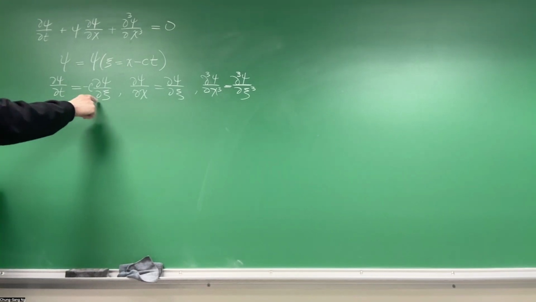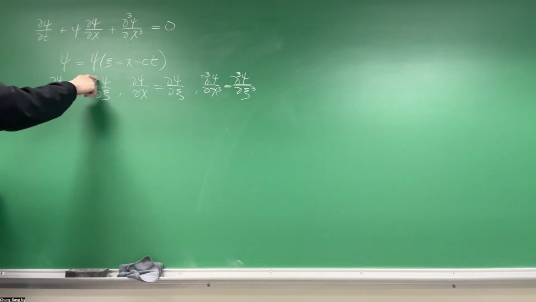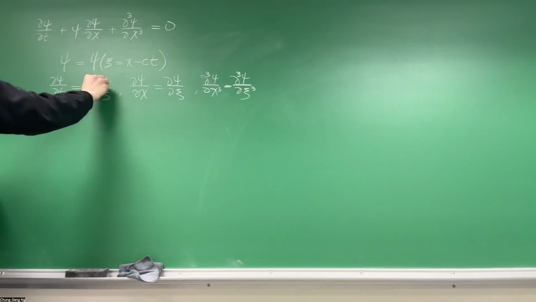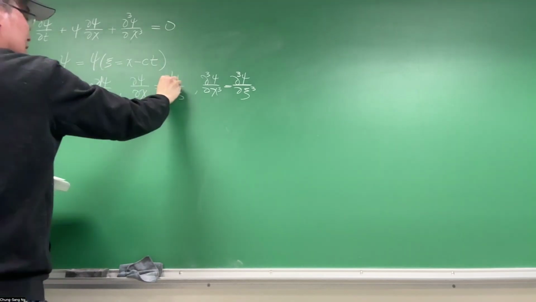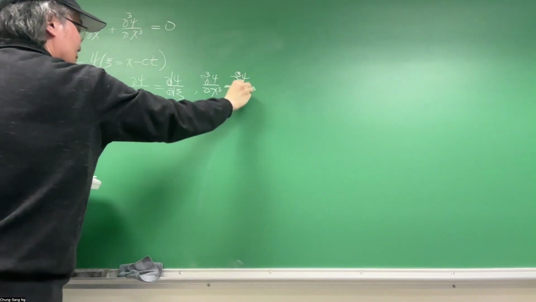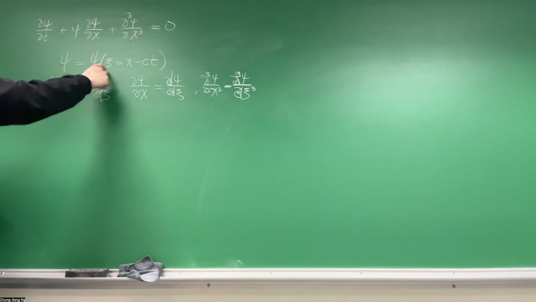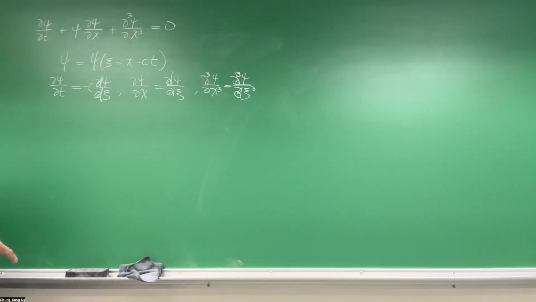Because this is a function of a single variable, we can change all these partial derivatives to ordinary derivatives. We don't need partial derivatives because this depends on a single variable.